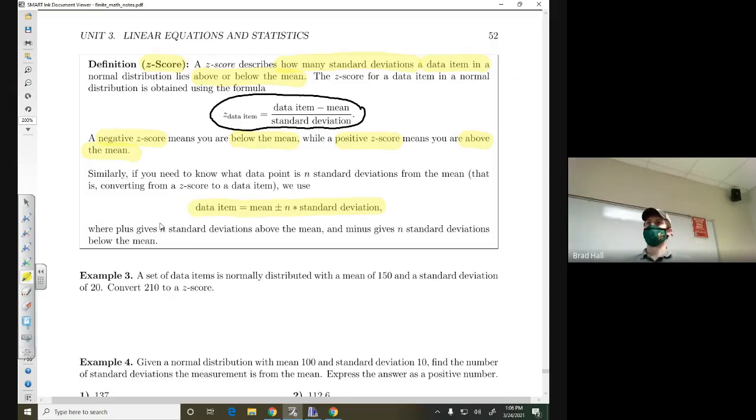So these are both the same formula. It's just one of them is worked out algebraically to where you solve for the data item. Since a lot of people don't really like algebra too much, I figured I would just go ahead and complete the algebra here. So let's talk about how these two formulas may be applied.